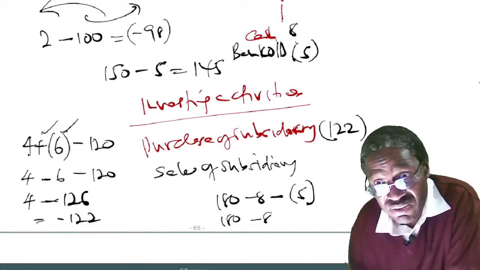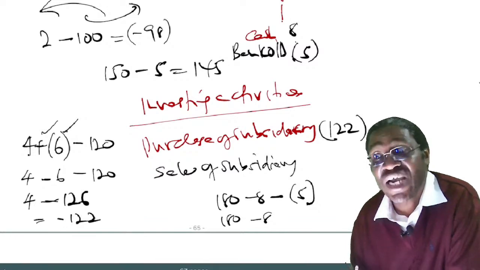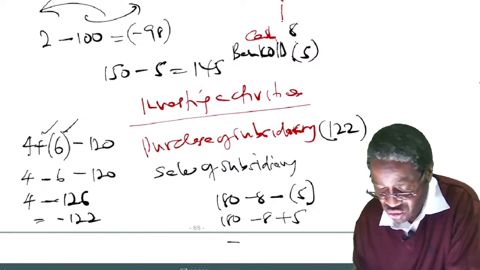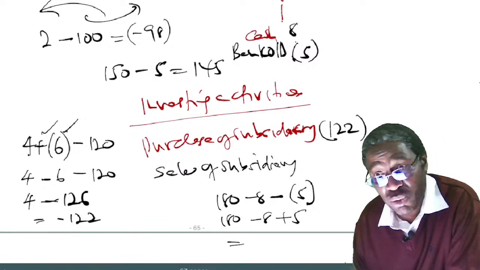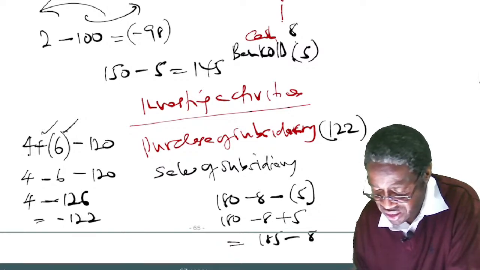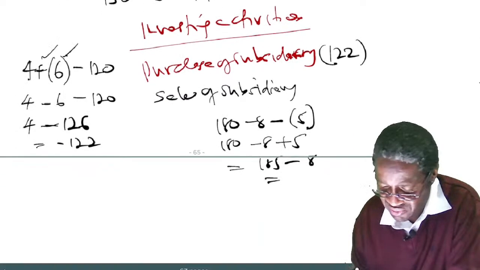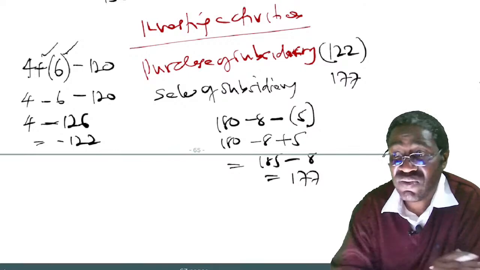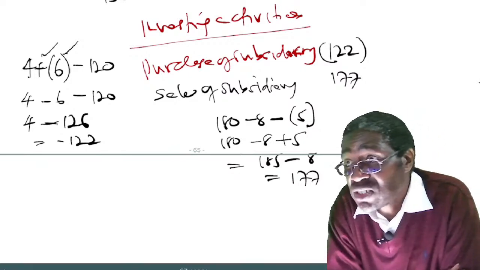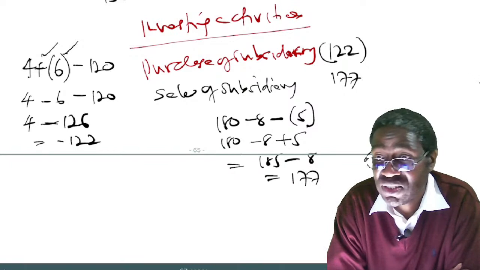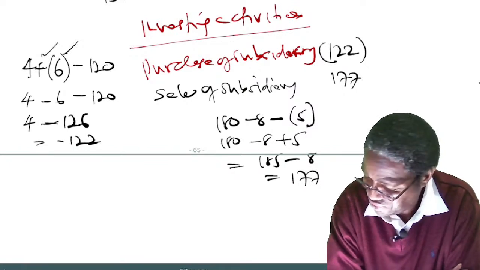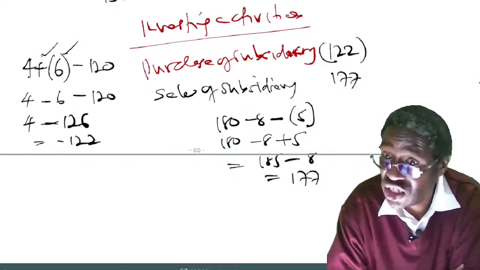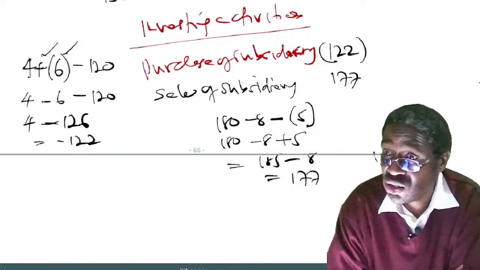A negative and a negative is a positive. So that comes to be plus 5. So this will be 180 plus 5, that will be 185. Minus 8. That looks like 177. So that's what came in. Most of you got it.